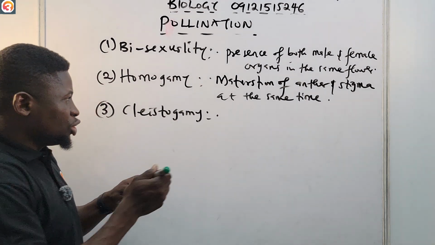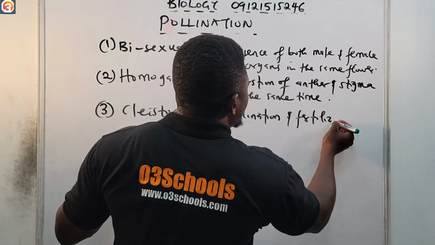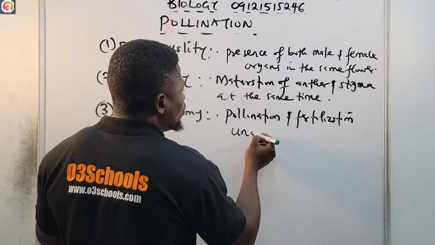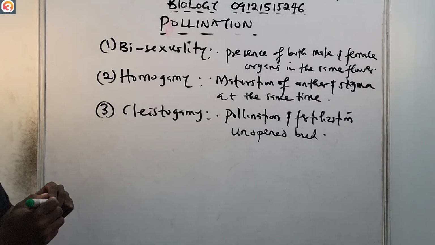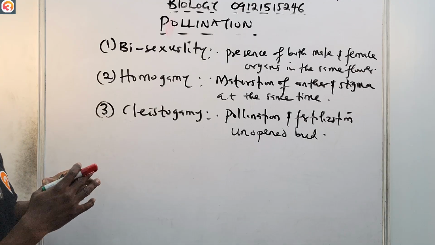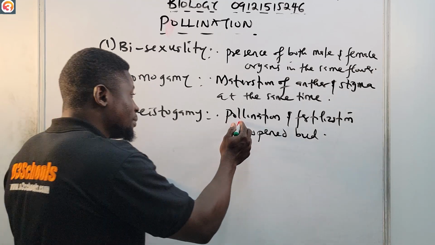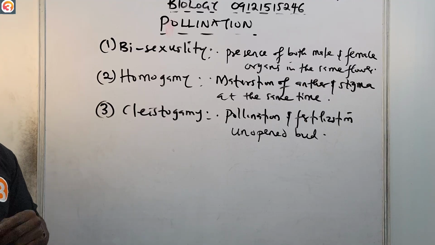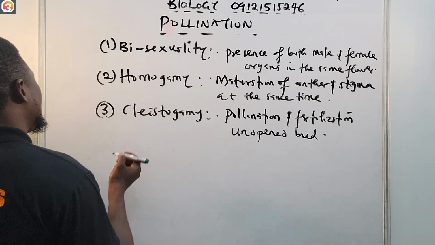When pollination and fertilization happen on an unopened flower bud, that's called cleistogamy, and this helps to discourage cross-pollination and encourage self-pollination, because the pollination and fertilization happen before the bud even opens.